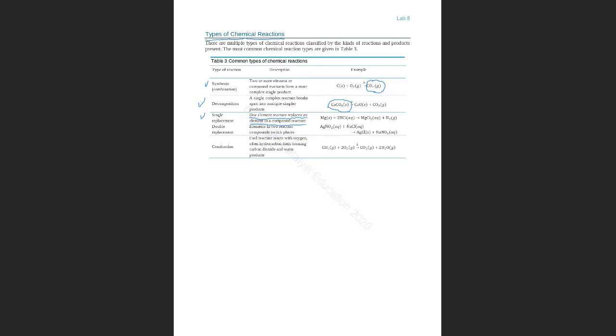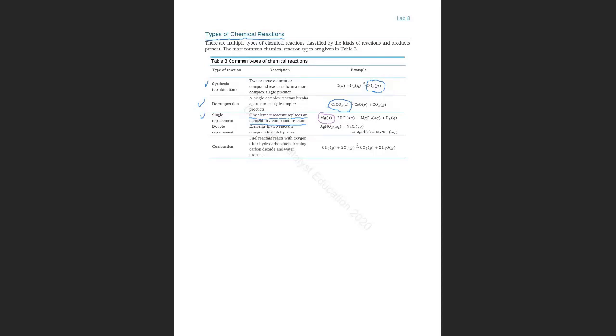What they mean with the description is, look at the chemical equation and look at the reactants first, and you discover that one of the reactants is an element. What do I mean with an element?